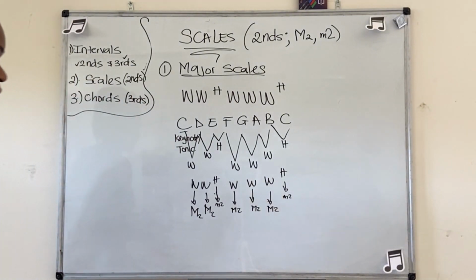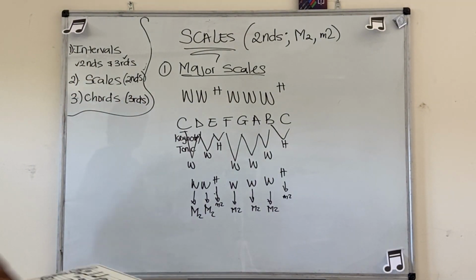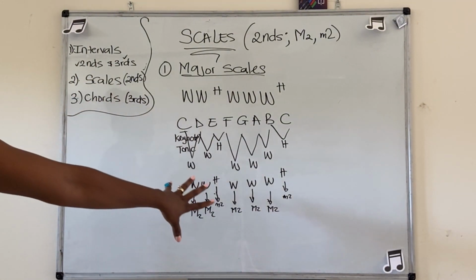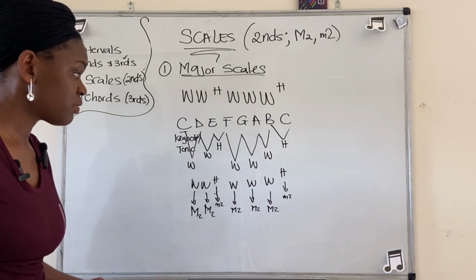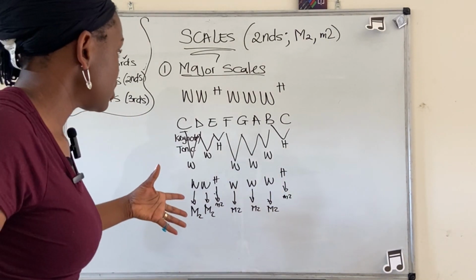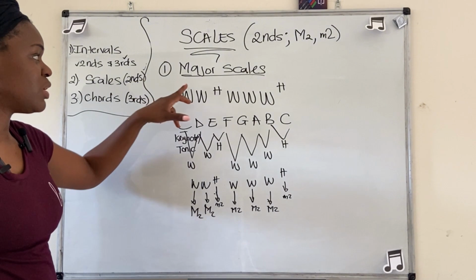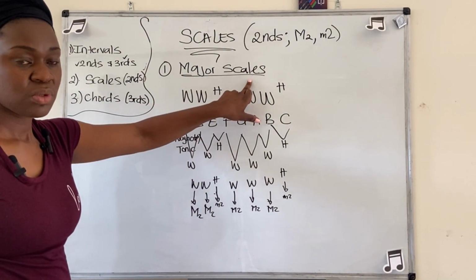This is how we apply seconds in our skills as we play on the piano or even as we sing. So I hope this is clear enough. I hope you've understood how seconds are being used to create our major scales.